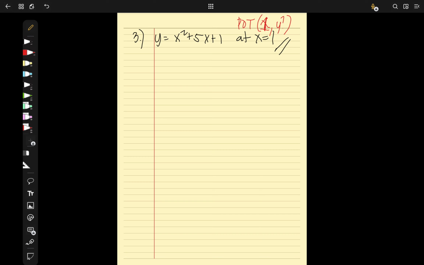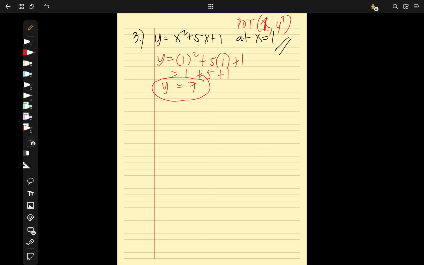So, hanap lang si y. We already have our x, 1. 1 squared plus 5 times 1 plus 1 equals 1 plus 5 plus 1 equals 7.